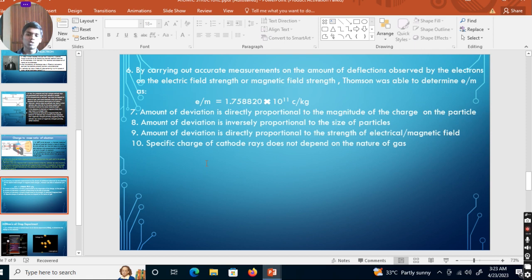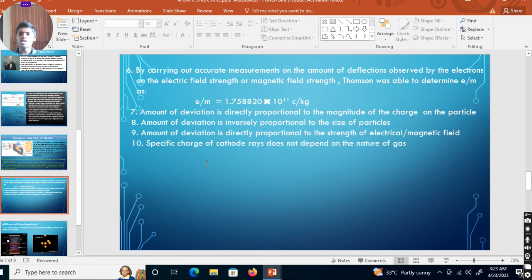And the amount of deviation is directly proportional to the strength of the electrical or magnetic field. When the electrical field strength is more, the deviation produced by the cathode ray particles is more. Or if we take a magnetic field, when the magnetic field strength is more, then also the amount of deviation produced by the cathode ray particles is more.